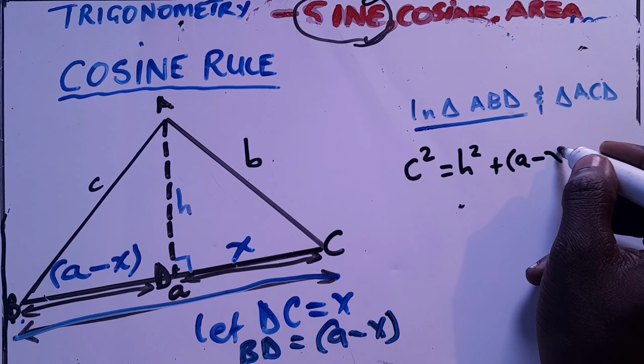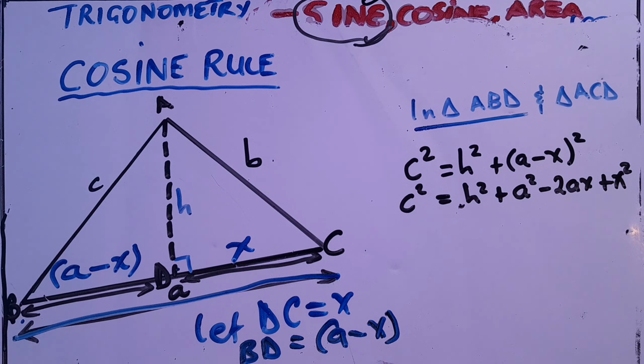So our C squared is the same as H squared plus, if we multiply this out, A squared minus 2AX, and then plus X squared.